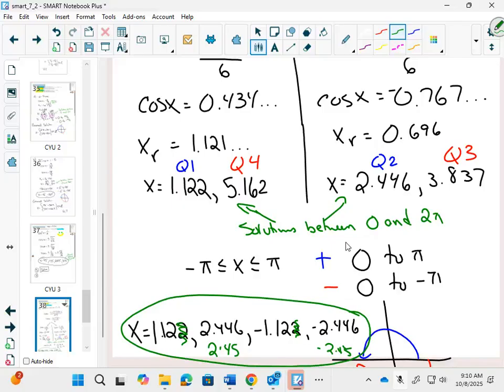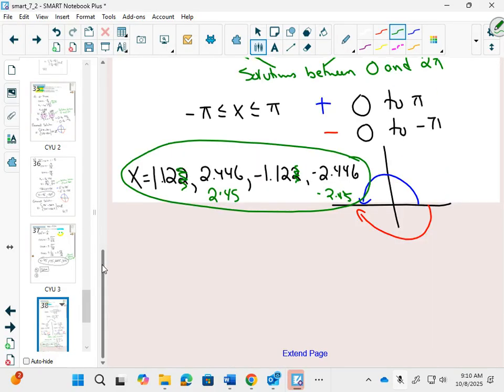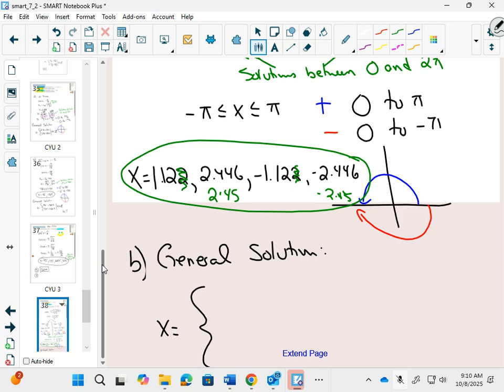And now in part B, it says to do the general solution. And for the general solution, that's why I like to solve it between 0 and 2 pi. I'm going to take all those answers that I got between 0 and 2 pi. 1.12, 2.45.